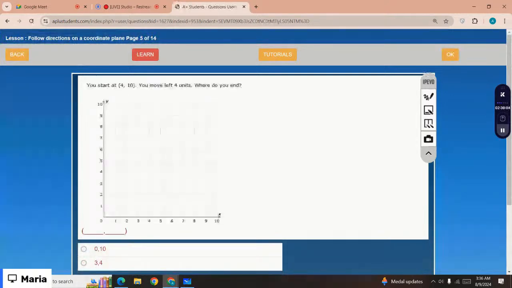You start at 4, 10. You move left 4 points. Where do you end? So, which is the correct option?